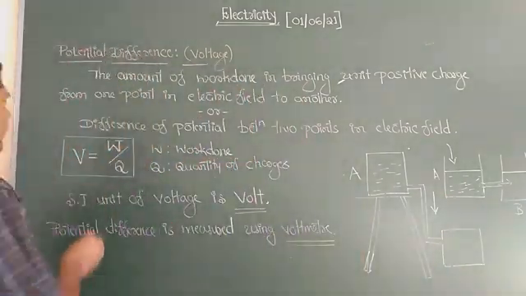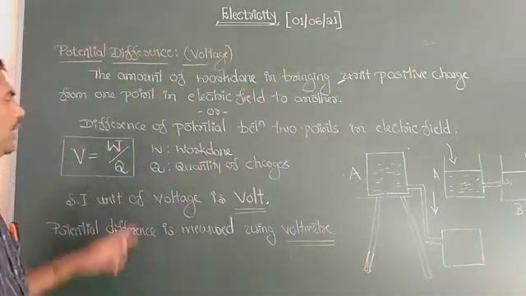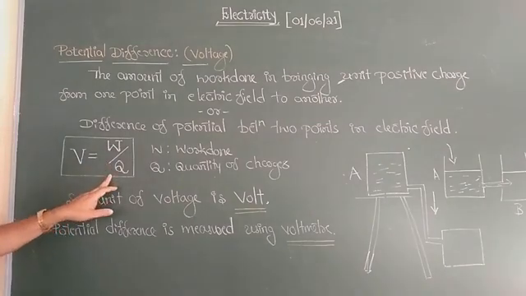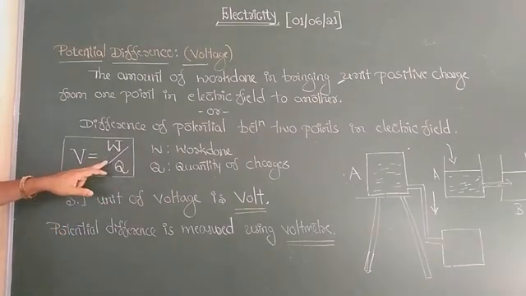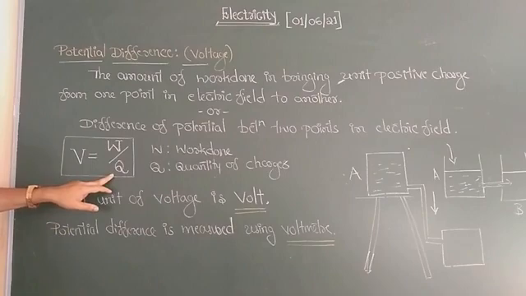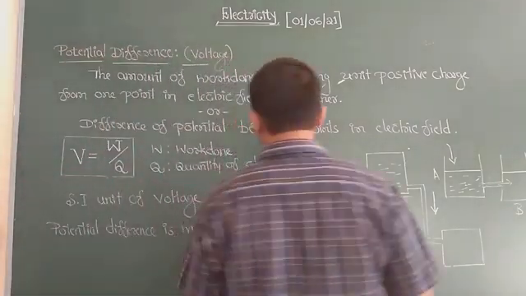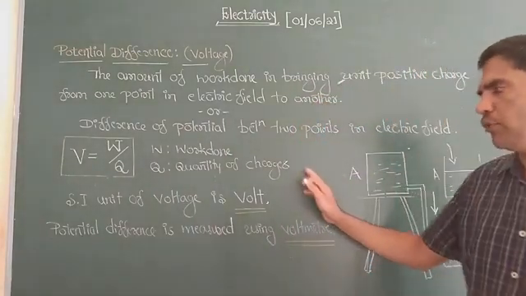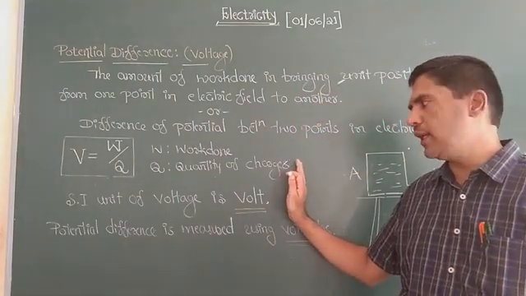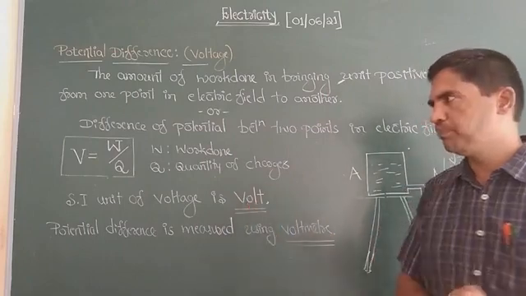So voltage or potential difference V equals W by Q, where W is the work done and Q is the quantity of charges flowing. Quantity of charge is represented in coulomb, as we studied yesterday. The SI unit of voltage is the volt.